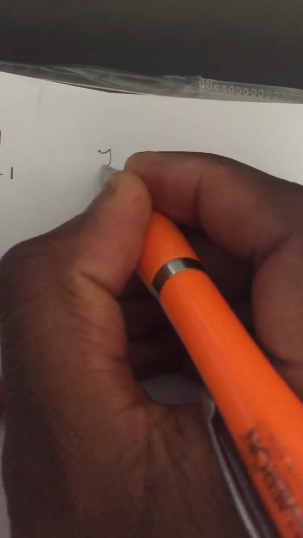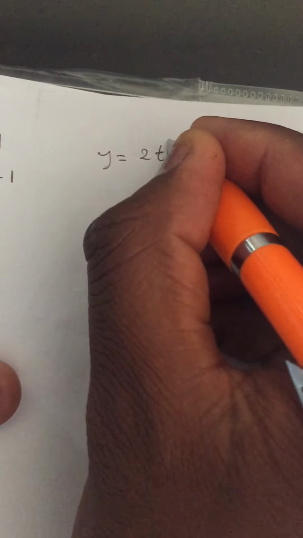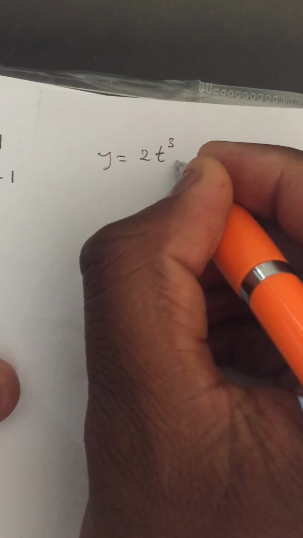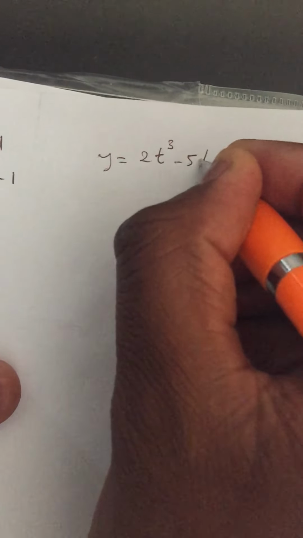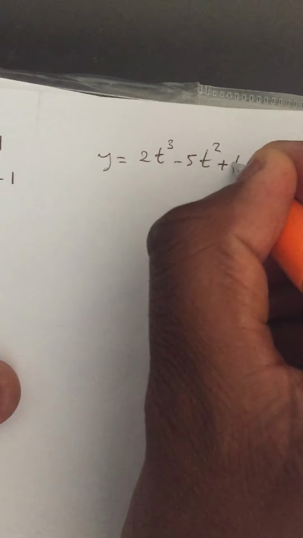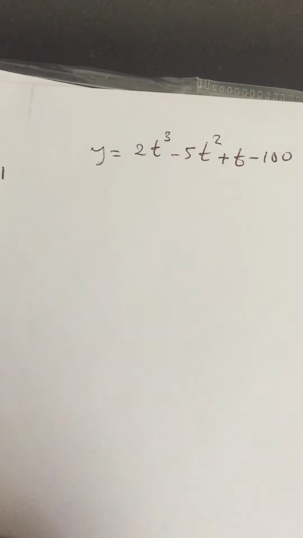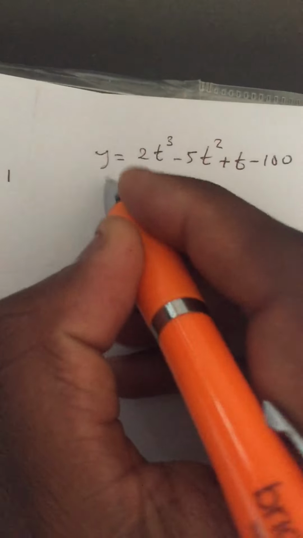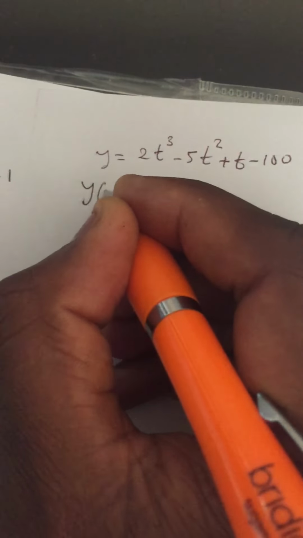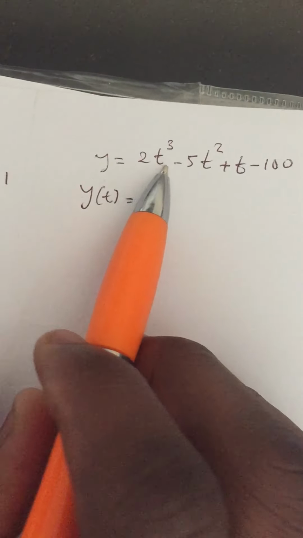Same thing if I have something like this. If I have y equal to 2t to the power 3 minus 5t squared plus t minus 100, for example. This should actually be written as y of t because our variable here is t, right?